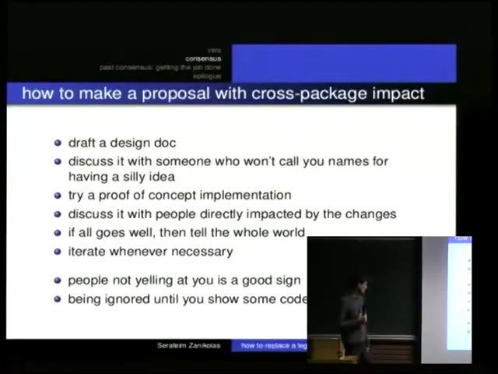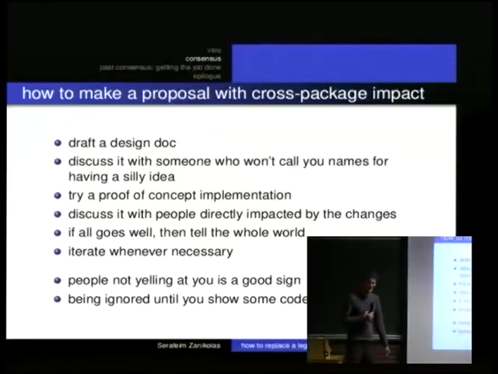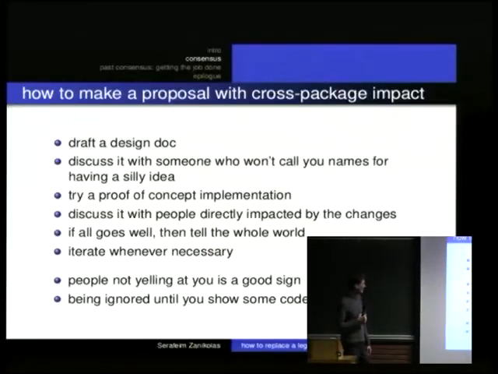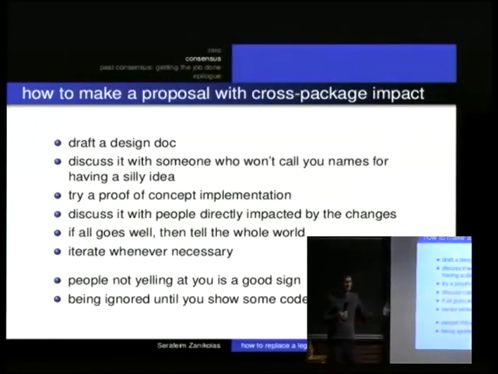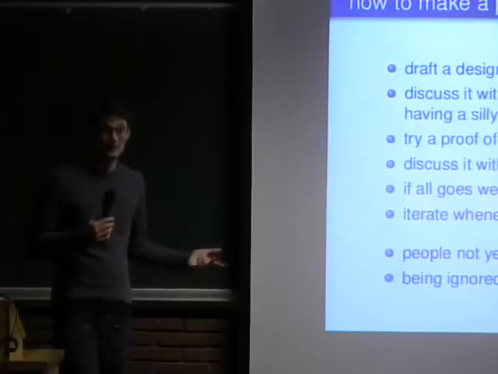Some obvious remarks: people not yelling at you is a good sign. And the last one is not so obvious, but it's tough. Being ignored until you show some code is normal. It's tough because preparing the idea, thinking over it and doing a proof of concept implementation, all these things take time.